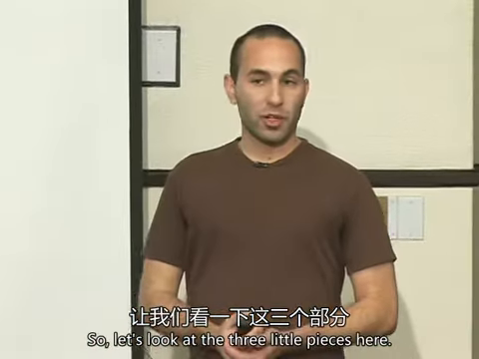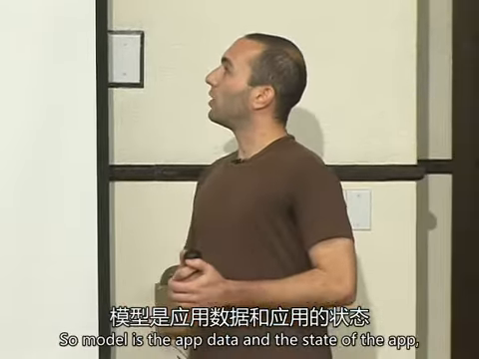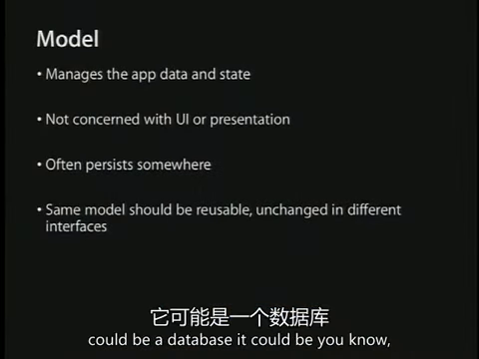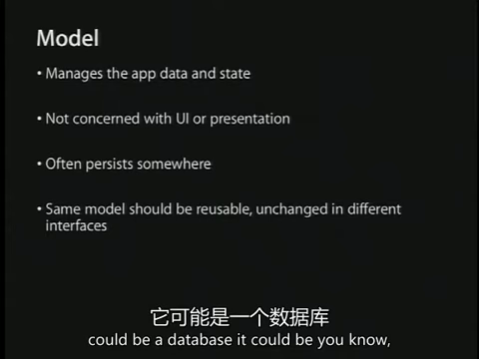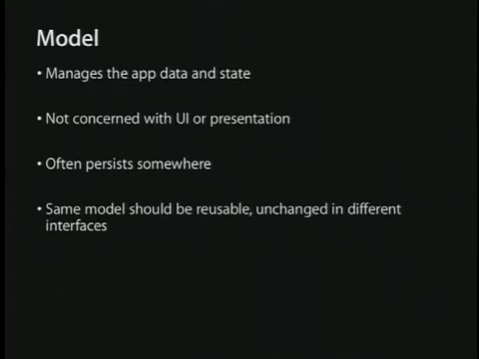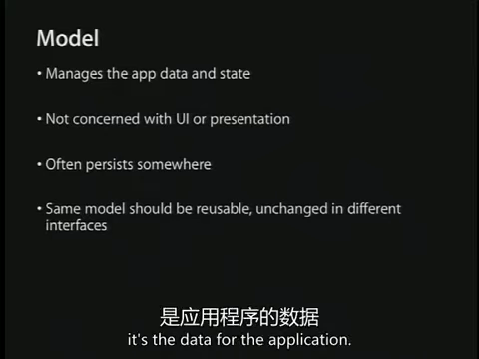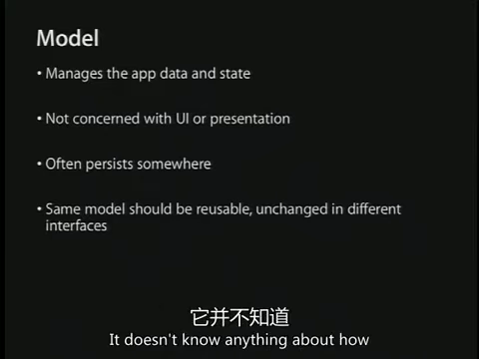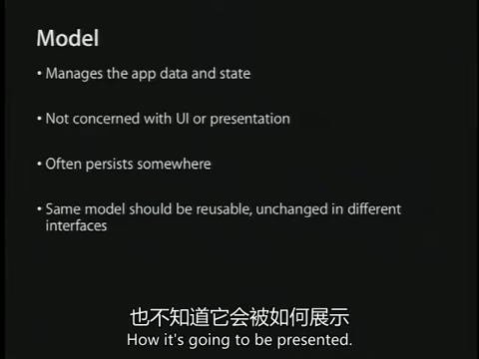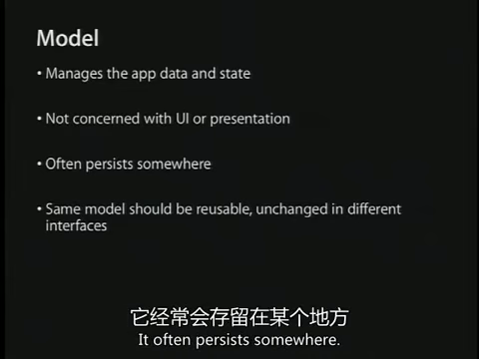So let's look at the three little pieces here. The model is the app data and the state of the app. It could be a database. It could be memory that you've created when you launched, or stuff you fetched from the network. But essentially it's the data for the application. It doesn't know anything about how that data is going to be presented. It often persists somewhere.